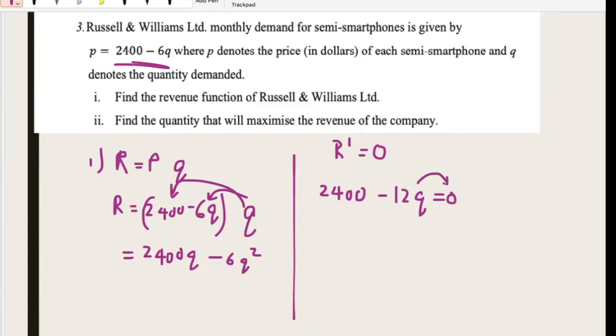So solving, I carry this over, so I have 2,400 equals 12Q, and then divide both sides by 12. So Q is equal to 200. And that represents the quantity where revenue is maximized. So in order to get maximum revenue, you have to produce 200 goods.